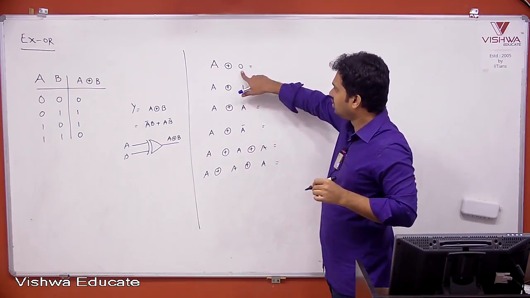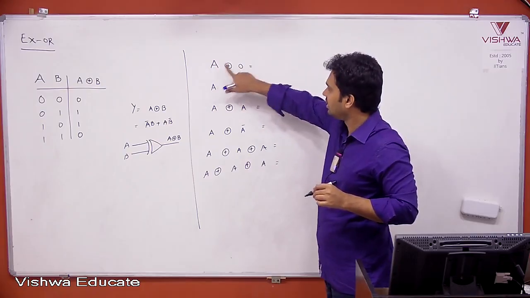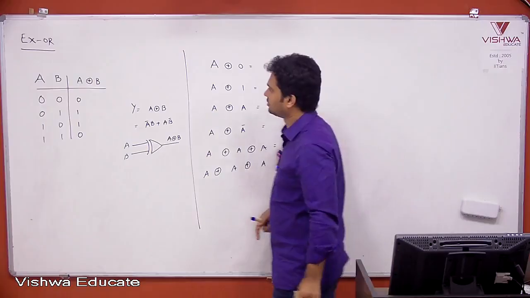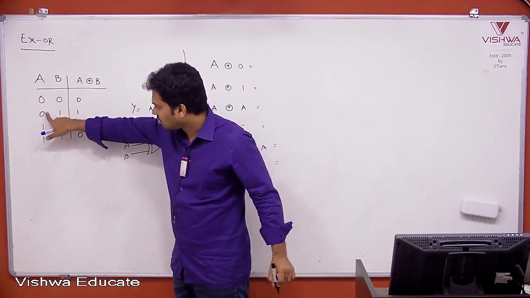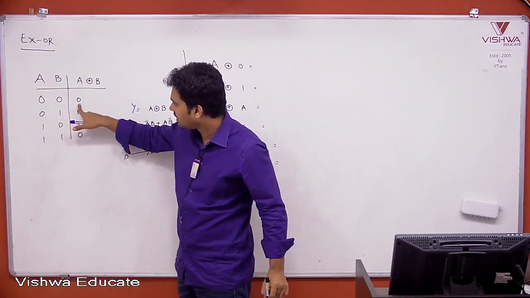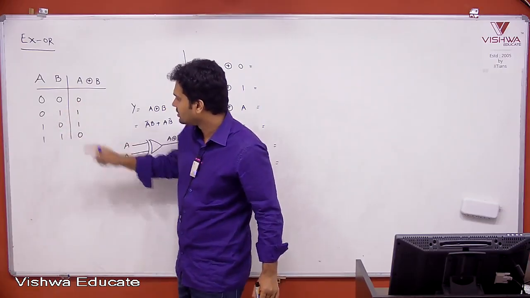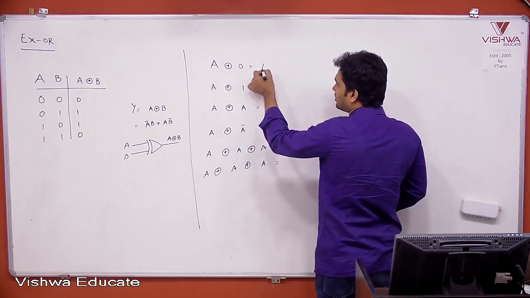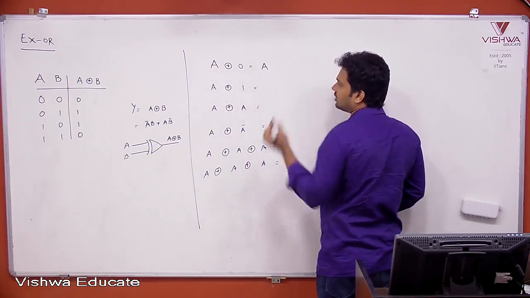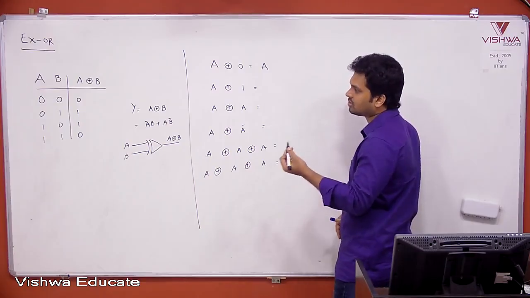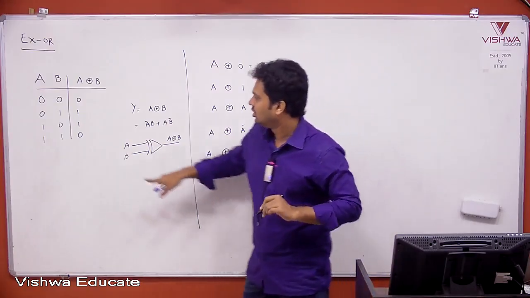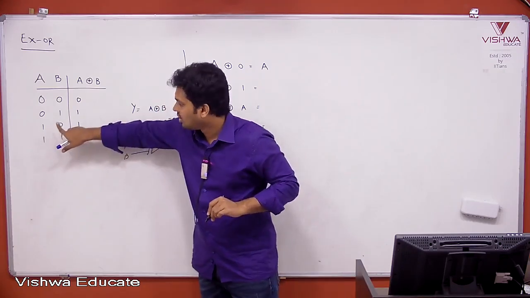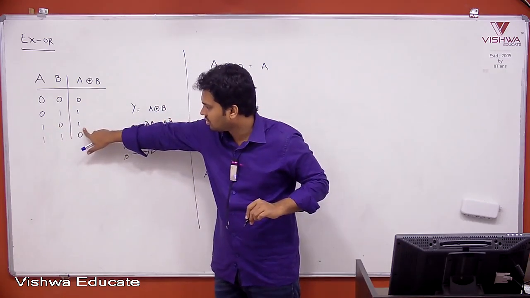If one of the inputs is 0 and the other input is A, what is the output of the XOR gate? How can we say this? From the truth table. One input is 0, other input is 0, I get 0. Other input is 1, I get 1. So if one input is 0, my output is A, whatever you have in the other input. If one input is 1, other input 0, output is inversion, 1.